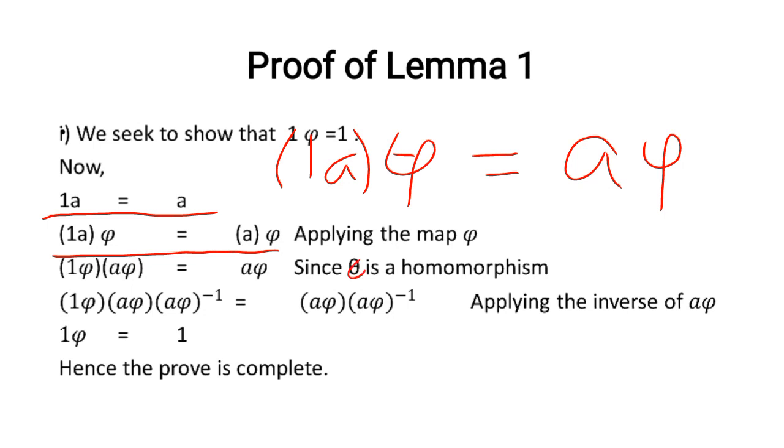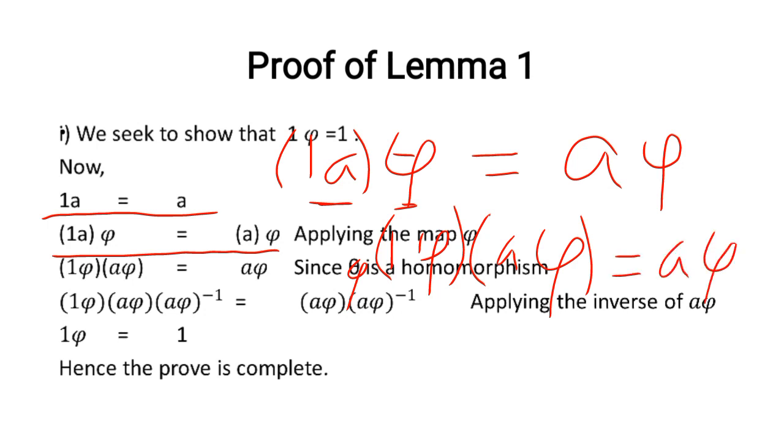So this is not theta, this is phi. The map is phi at that point. This map is a homomorphism, meaning that it will split this in two. It will become 1 phi and a phi, and this will become equal to a phi. So that's how I got this next step here.